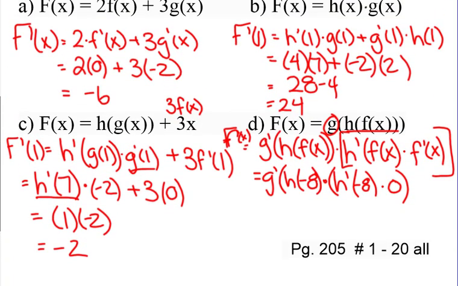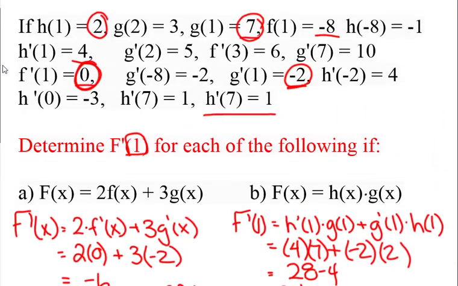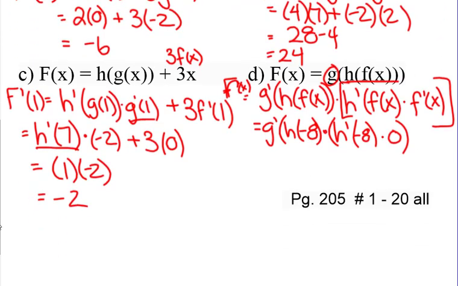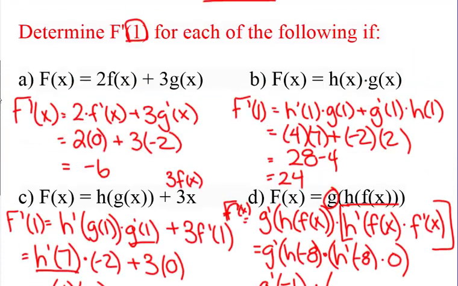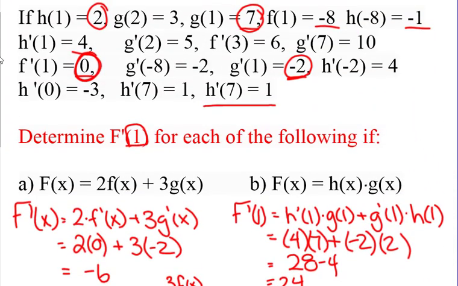So if I was to keep going, I would find h of -8. Well, h of -8 is -1. So g prime of -1 times h prime of negative 8. Do I have it? Oh no. Okay. I have g prime of 8.